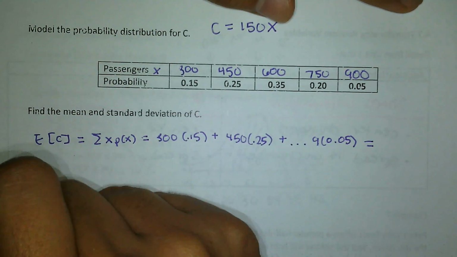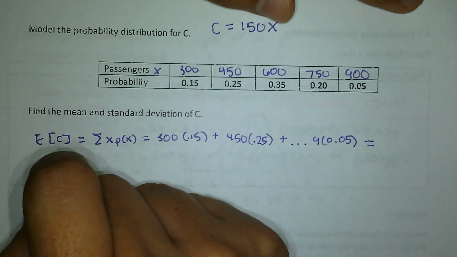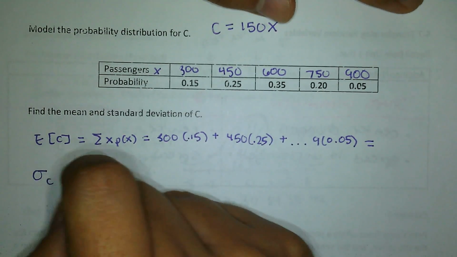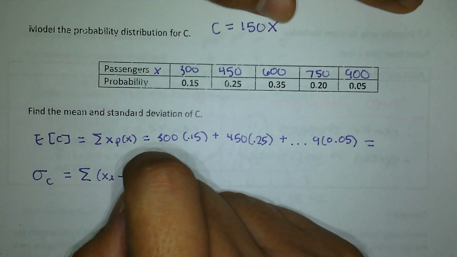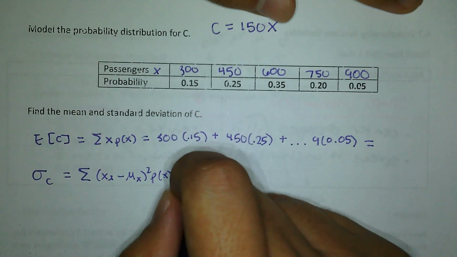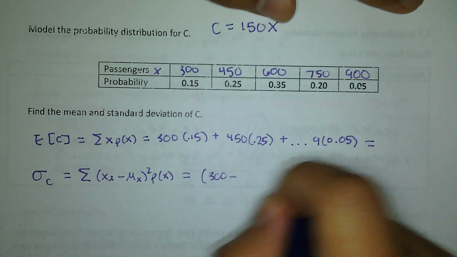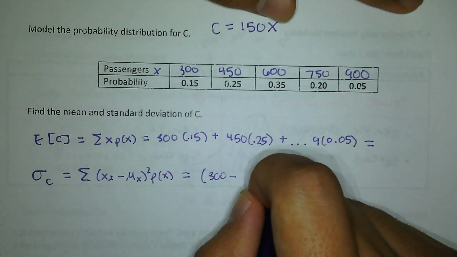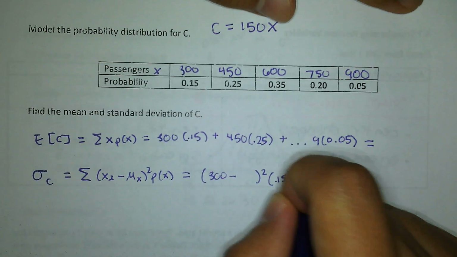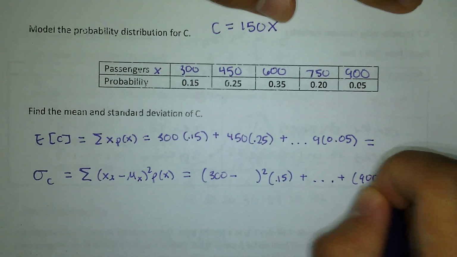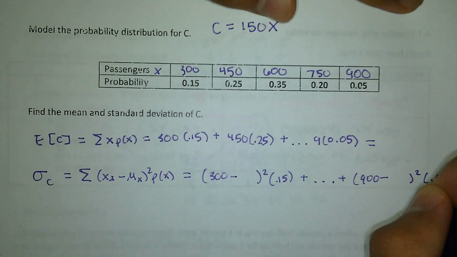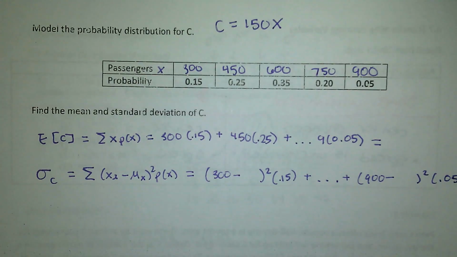Same thing for the standard deviation of C. That's going to be the sum of the products of the squared differences times their probabilities. So again, it's going to look like 300 minus some number here squared times 0.15, and here I am definitely going to shorthand and find this value. Okay, so how could I find this value?